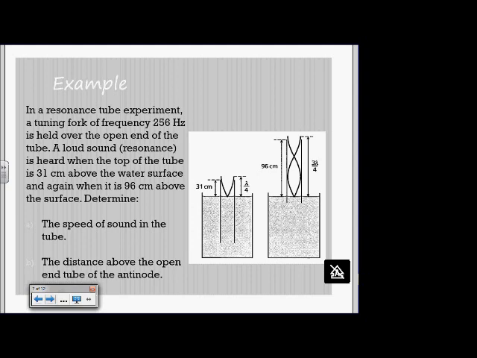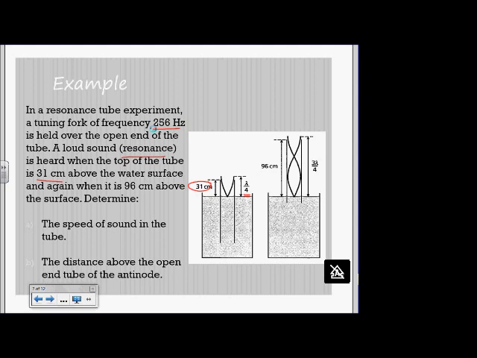In a resonance tube experiment, we've got a tuning fork, doing the same job as the speaker effectively, 256 hertz, held over the open end. We get resonance. We hear that loud sound. That's called resonance at the top of the tube, and we're 31 centimeters above the top of the tube. So that must correspond to the first possibility, where the length of the tube is 1/4 of a wavelength.